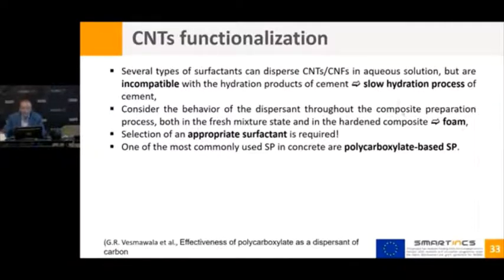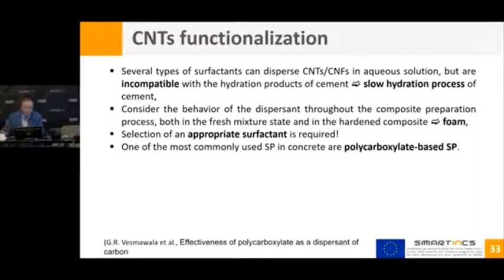And for example, with other surfactants, there is the problem of the production of foam. So, of course, you improve the dispersion of the carbon nanotubes into water, but then you create a foam in your system once you add cement, and then you will have air bubbles that will remain entrapped in your material. So you can have a good dispersion of the carbon nanotubes, but you will also have lower mechanical properties because of the defects you created.